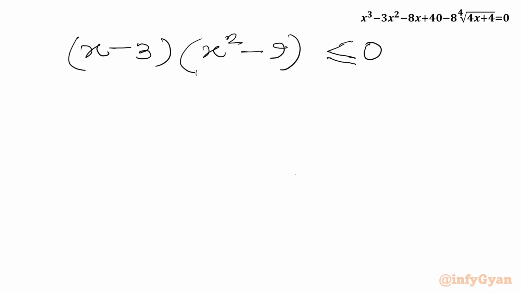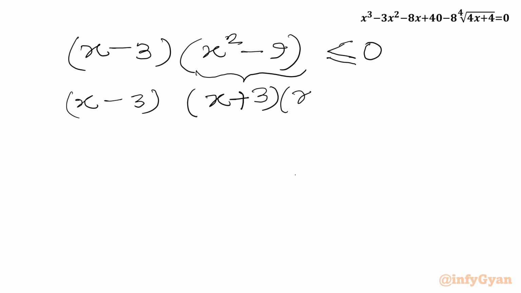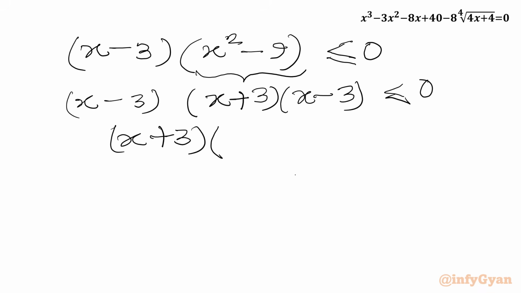Now we will use the difference of two squares formula. 9 is 3 square. We will get x minus 3 times x plus 3 times x minus 3 less than or equal to 0. So we will write x plus 3 times x minus 3 whole square less than or equal to 0.